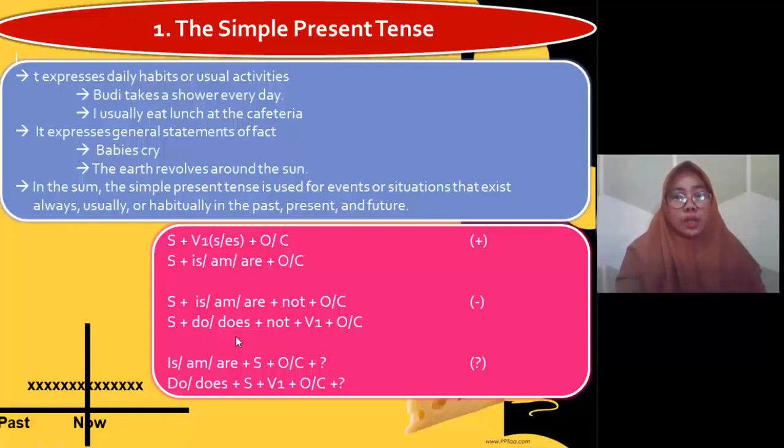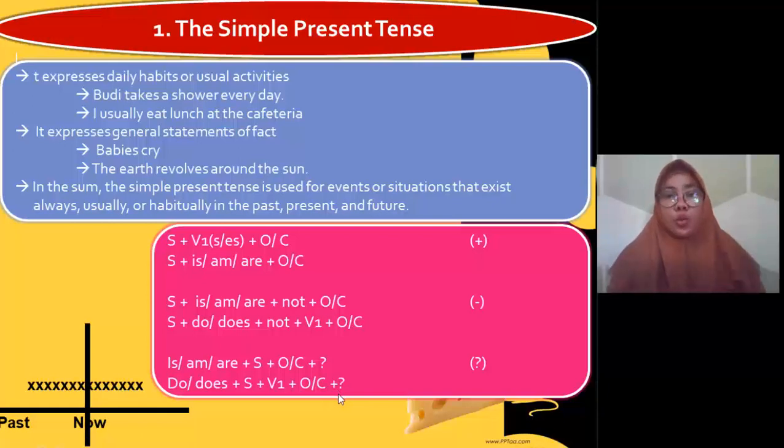For the interrogative, you put to be or the auxiliary do or does in front of the sentence. So the rules become: is, am, are plus subject plus object or complement, and a question mark; or do or does plus subject plus verb one plus object or complement and a question mark.